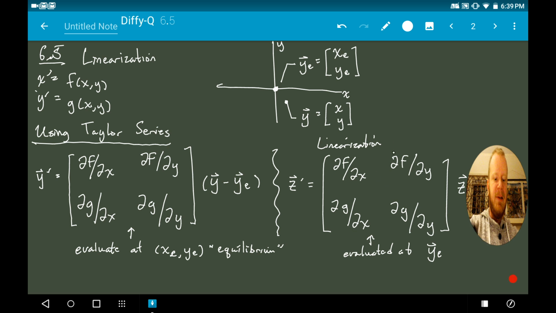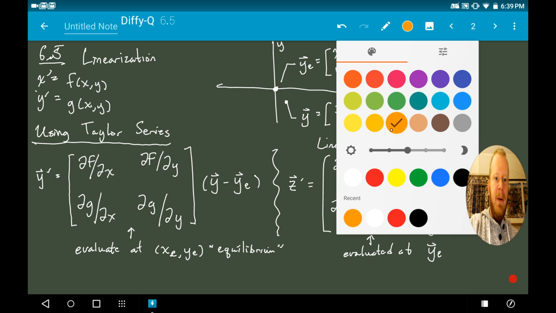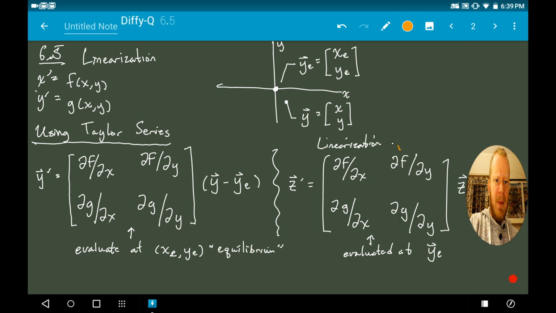So this linearization is just a nice way to say that we made our own z prime is equal to A times z. All right, good luck with the studying.